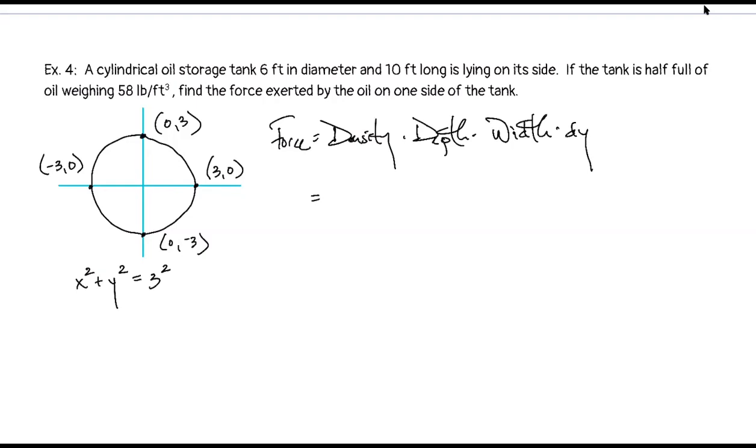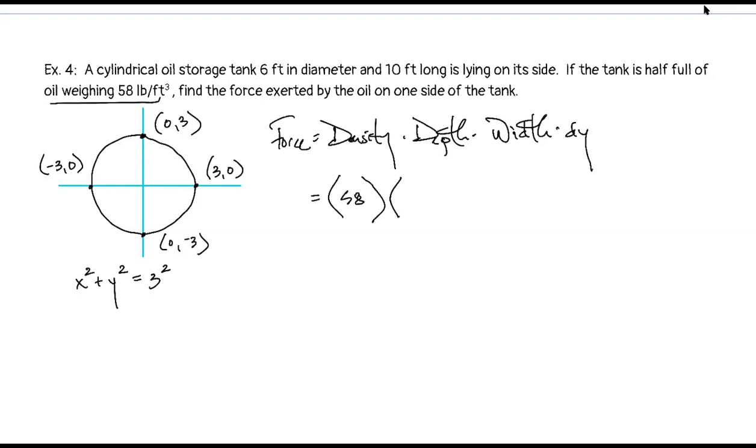Yeah, it is 58. The 62.5 is for water when we're using feet. But if the liquid that we're submerging our plate into is not water, it should have a specific density, and that density should be given in the problem. So this density is 58.